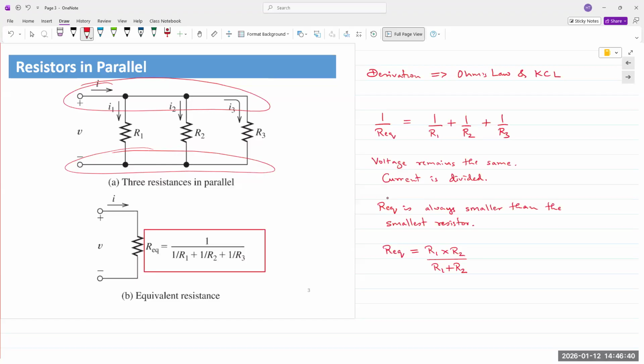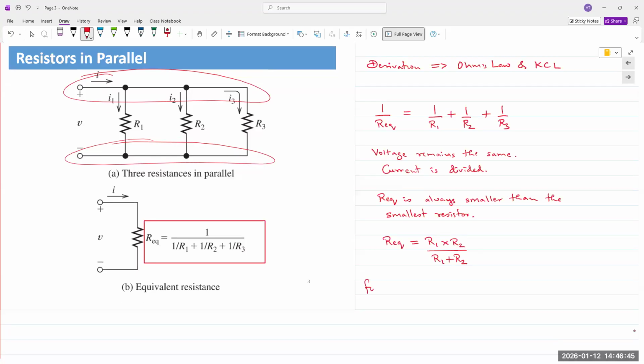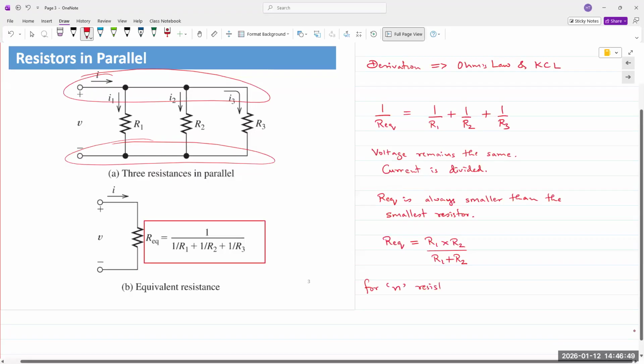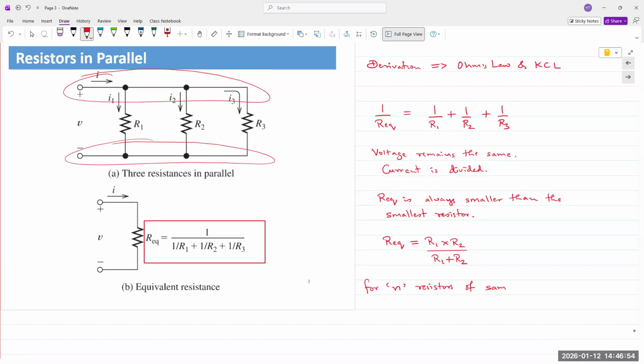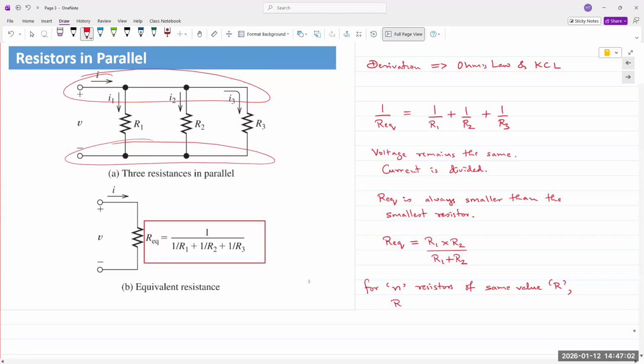And one final or third tip is this. If you have n number of resistors of the same value, R, then REQ is simply R divided by N. If you have two 10-ohm resistors in parallel, the answer is REQ is 5.